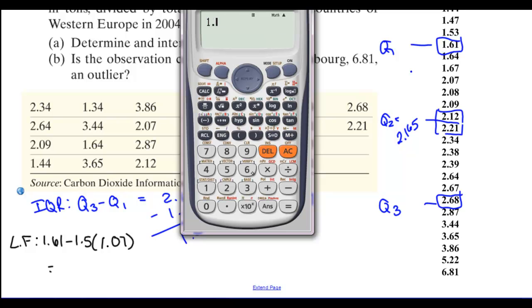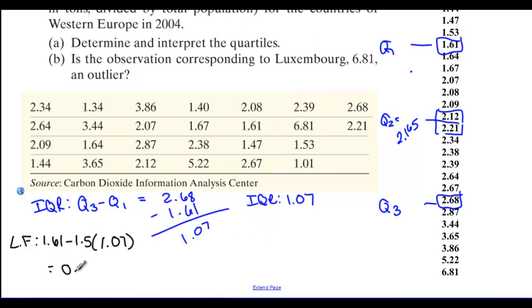That's going to give us a very small number, 0.005, for our lower fence.